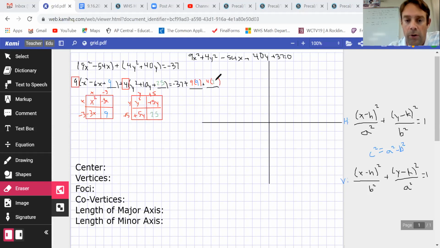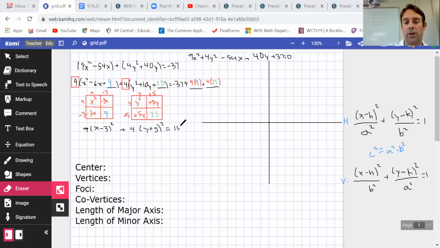So friends, now we're going to combine our like terms. Negative 37 plus 81 plus 100. And when we combine them, we get, well, first of all, on this side, 9 times x minus 3 squared plus 4 times y plus 5 squared. You can kind of gradually, slowly start to see this pop out here.